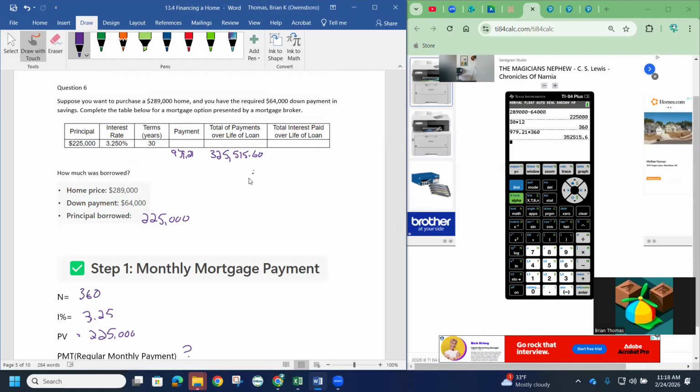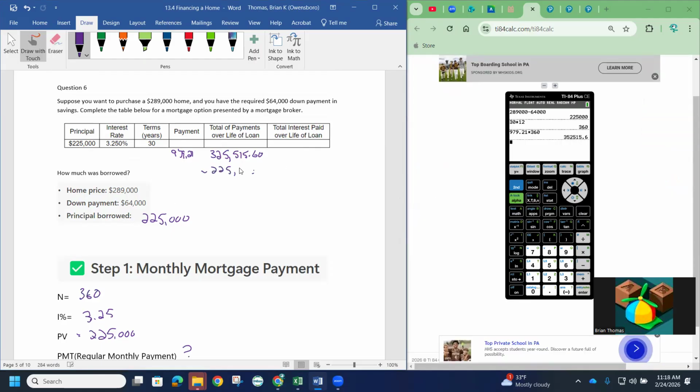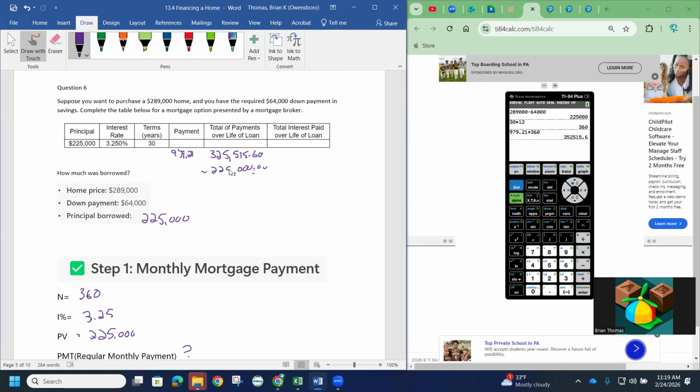Now, what they want to know though is the total interest paid on the loan. Well, we borrowed 225,000. We were supposed to pay back 225,000, but notice how we ended up paying back $325,515.60. So if you subtract those two, that's how much money the bank received for lending us that money.